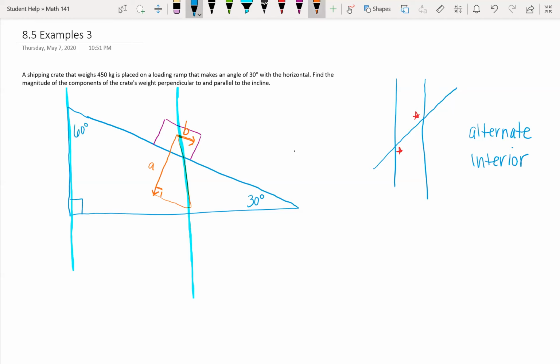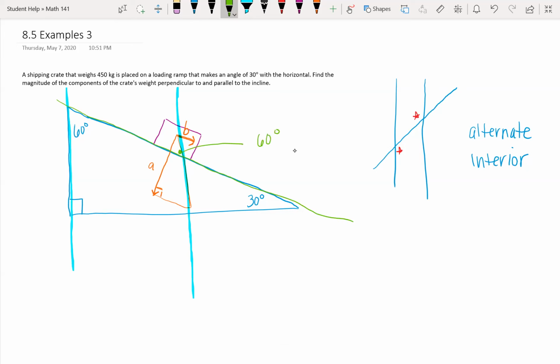And if I think of this line, let's make it green, if I use this as the transversal, then this is on the inside of the parallel lines. And so that means that this angle here, I'll make it green as well, this angle right here is also going to be 60 degrees. Those are alternate interior angles.